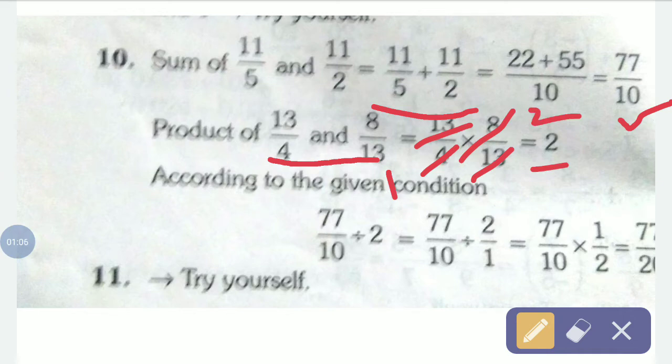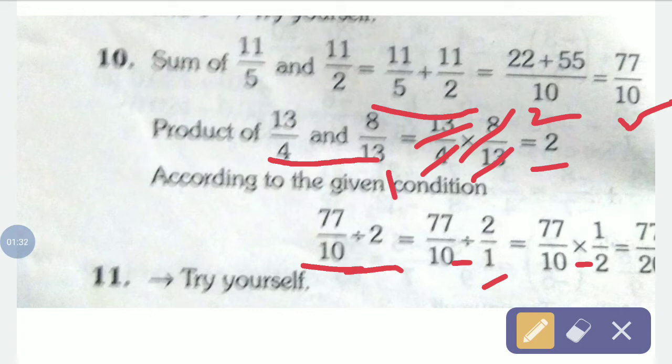What is the condition? You have to divide the sum by the product. So 77 upon 10 divided by 2. As it is a division and you don't have the denominator, it will be 2 upon 1. And when we are doing the division, we convert that division into multiplication and take the reciprocal.